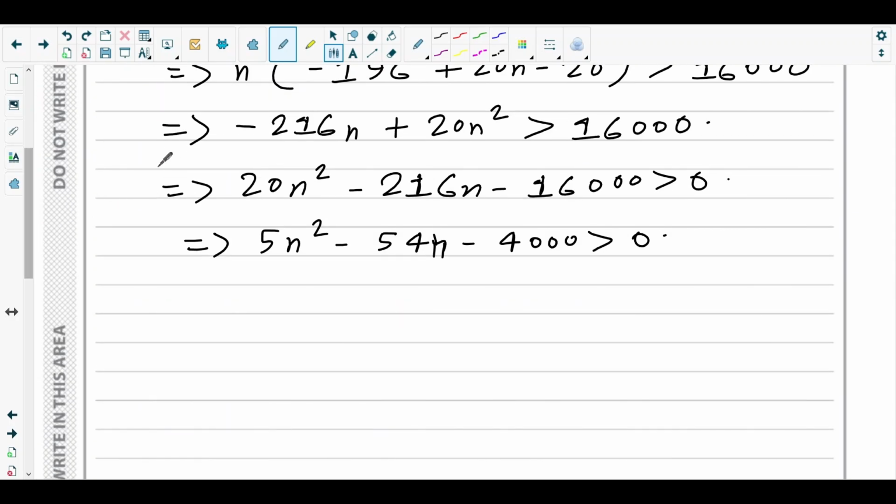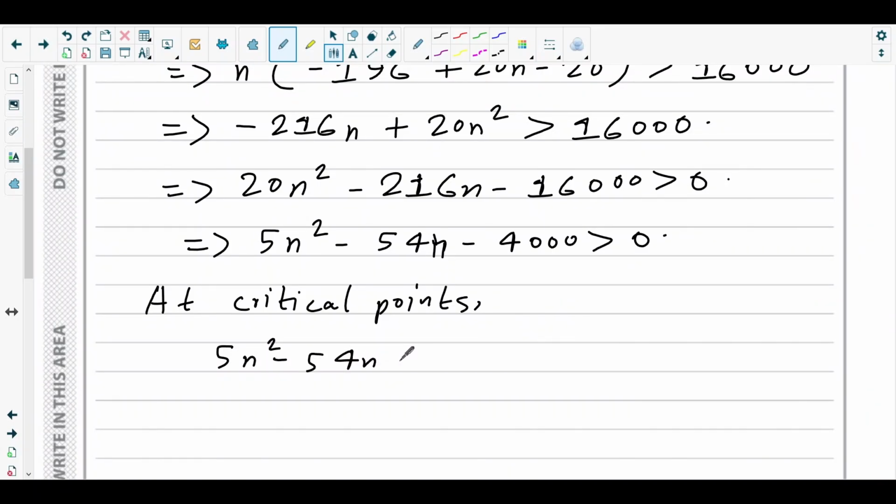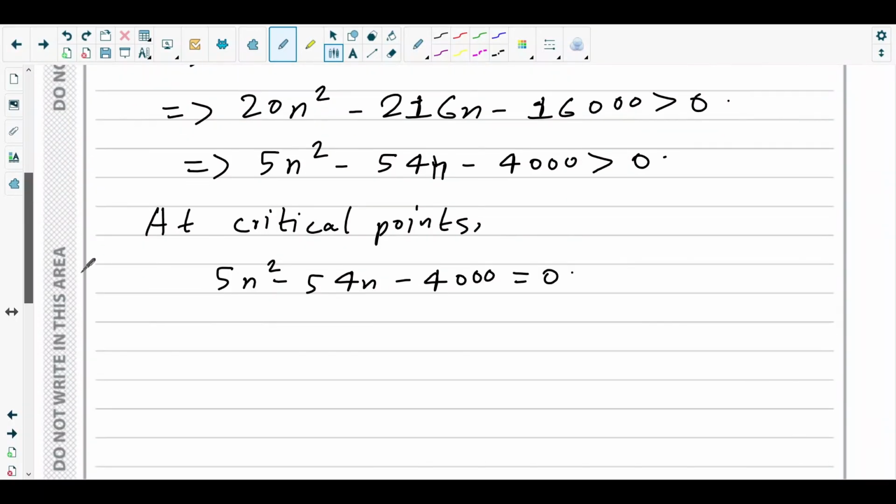So we need to solve this inequality. So we need to get at first the critical points. Okay, so at critical points 5n squared negative 54n negative 4,000 is equal to 0.